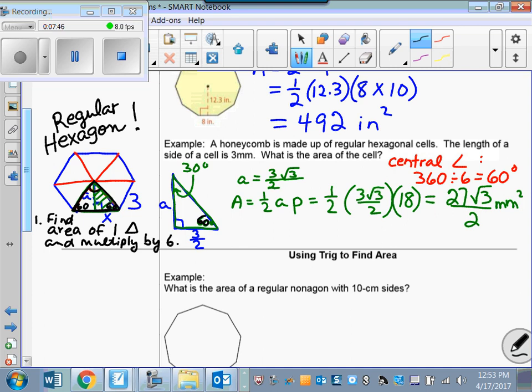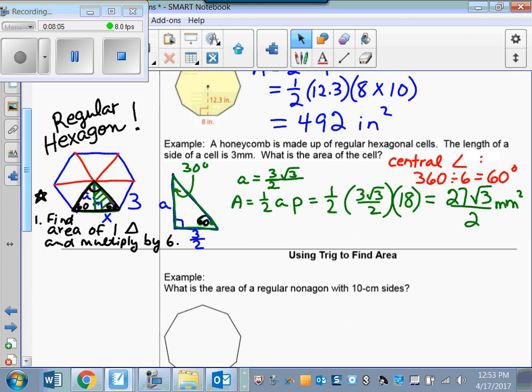This one was pretty easy to just use 1/2 AP, but when we start using trigs to do this, I think you'll find it much easier to remember this interesting little note about a regular hexagon.